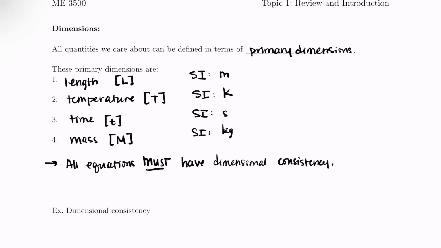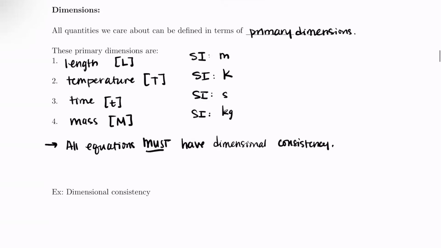This is an extremely useful tool if you are working out a problem, either in homework, on an exam, in the lab, what have you. If you're getting answers that seem not correct, checking the units is like a first line of defense to figure out what has gone wrong. So what I mean by dimensional consistency is that every term has the same units.